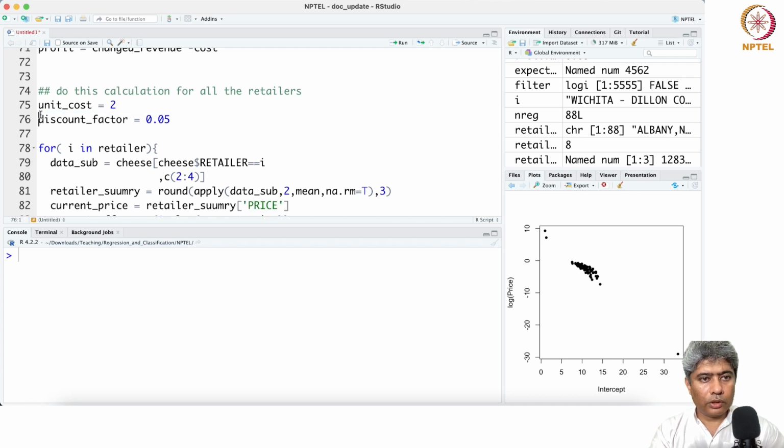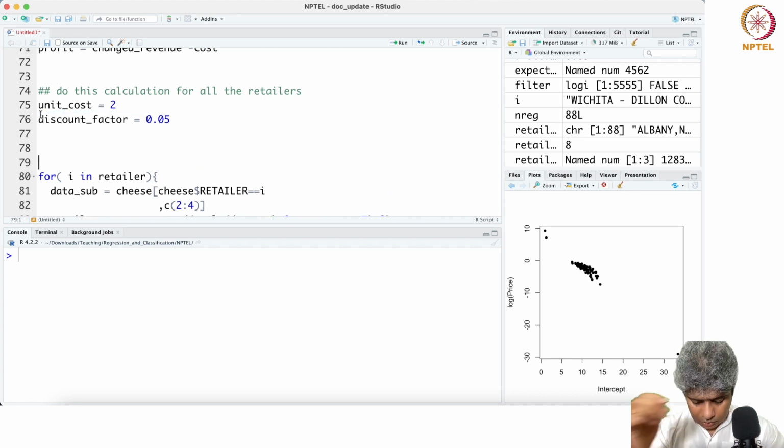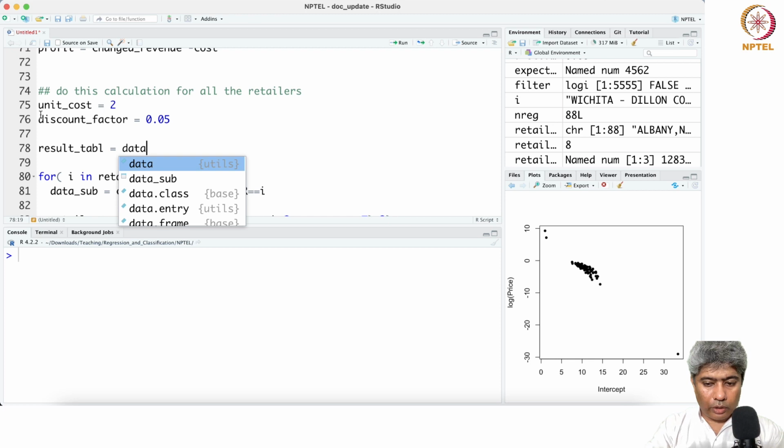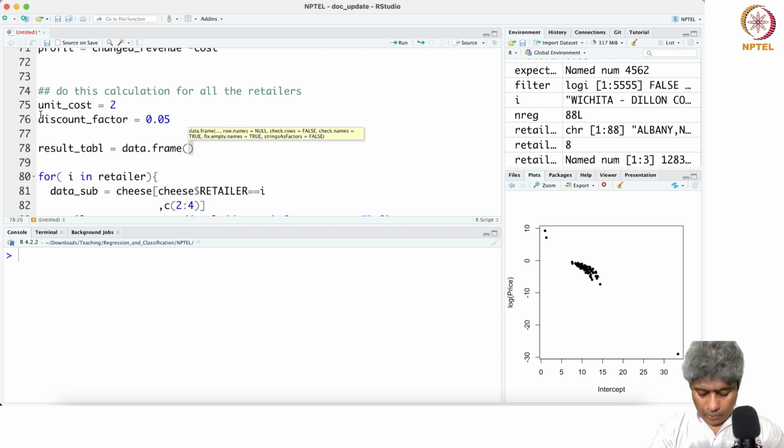I don't need this, unit cost is 2 retailer, and then essentially I need a result table. Okay, result table data dot frame matrix, NA, n row equal to n reg and n col equal to 5.